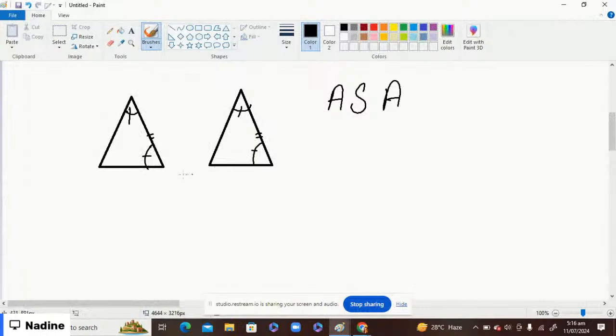This is one angle, this is a side, and that is the other angle.